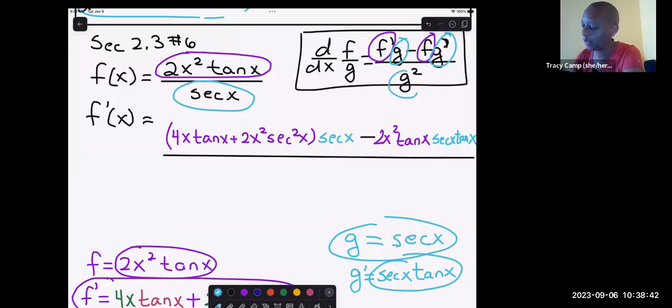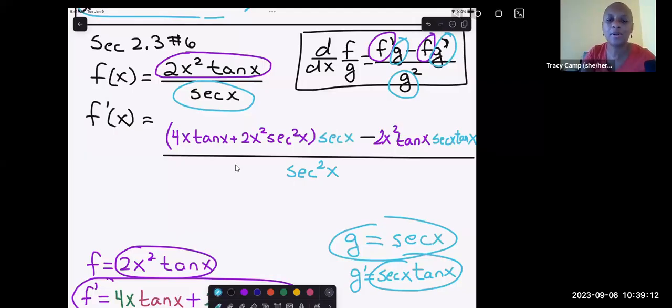So again, my g was secant of x, and we generally put the square right where I put it, but it is okay if you put secant of x in parentheses and square the whole thing if you want. At this point, I'm just going to write the answer and type it in just like this. There are some things you could do, like you might notice that you have tangent of x times tangent of x, so you could write tangent squared x at the end of the numerator if you want.